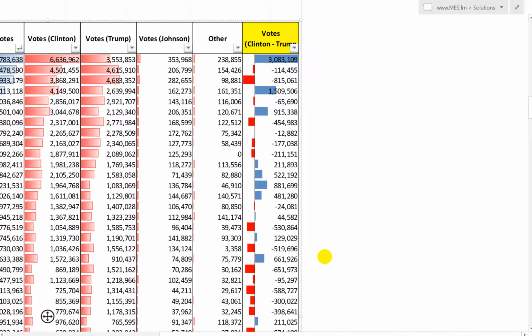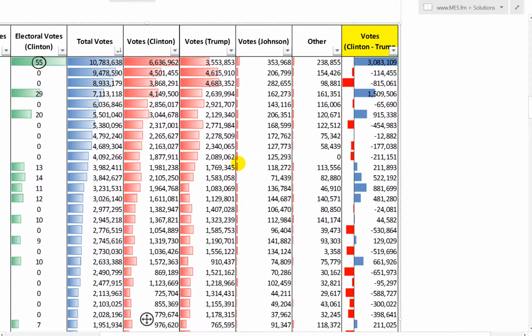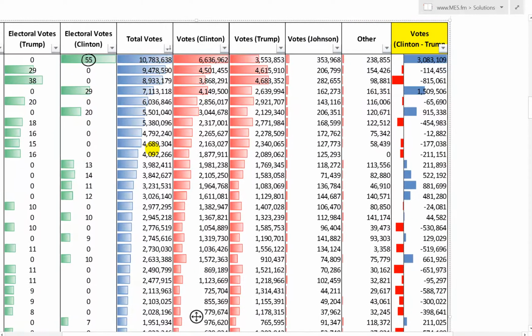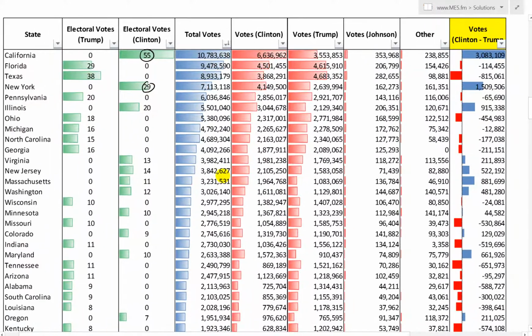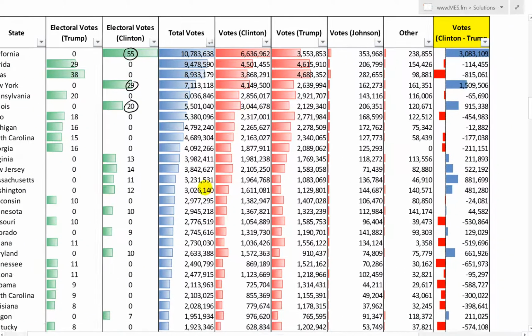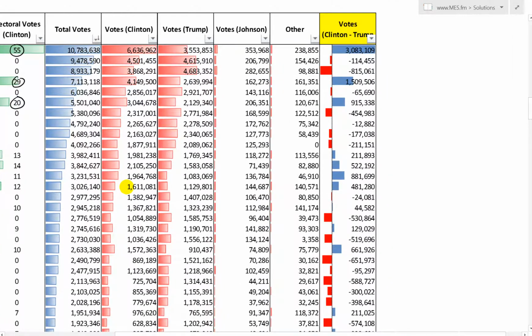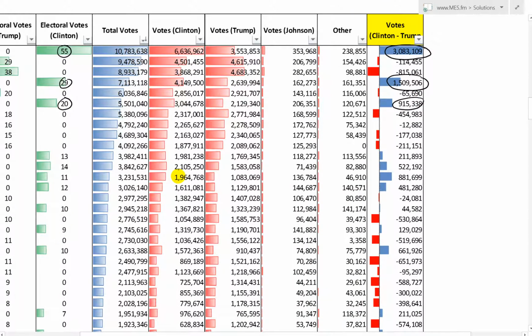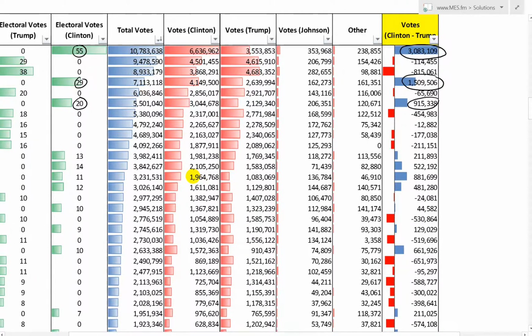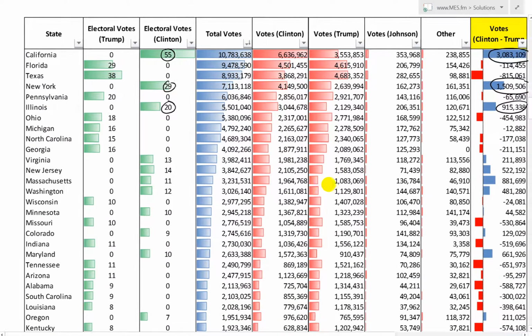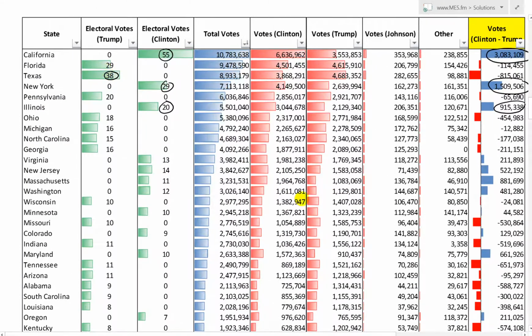But when you look at California as well as New York, and also to a lesser degree Illinois, these three large population states, you'll see that Clinton won by a giant margin: 3 million, 1.5 million, 900,000. The state that Trump won by the largest margin is Texas, at 38 electoral votes.